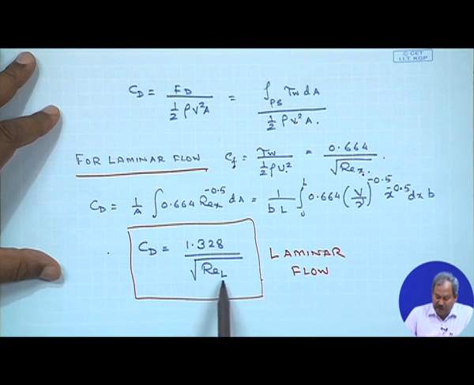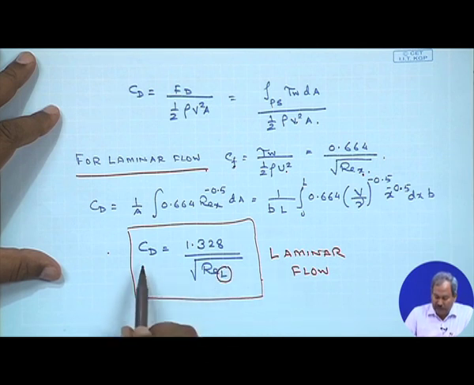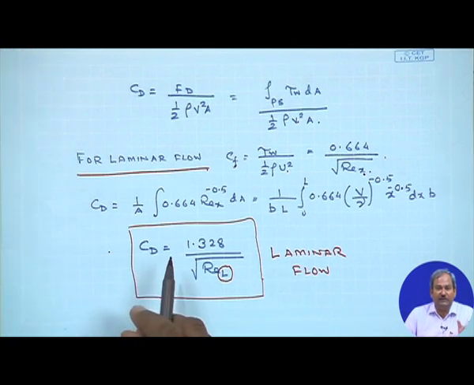So this is the Reynolds number based on the entire length of the plate. So thus CD is a constant. The moment you specify the geometry of the plate and the flow condition and the property, you have one value of CD, which is for the entire plate surface.